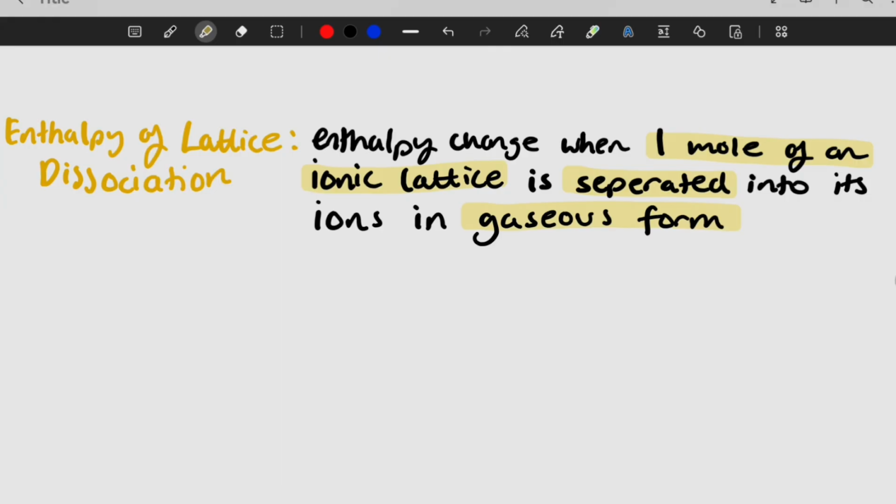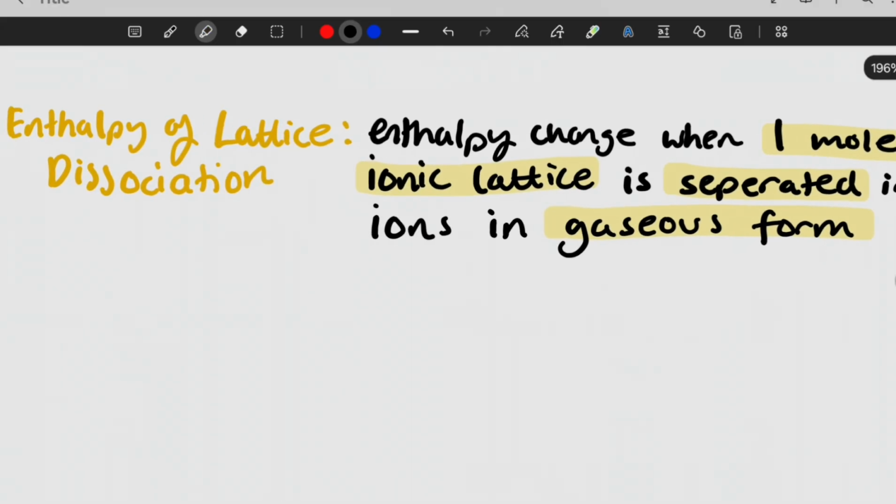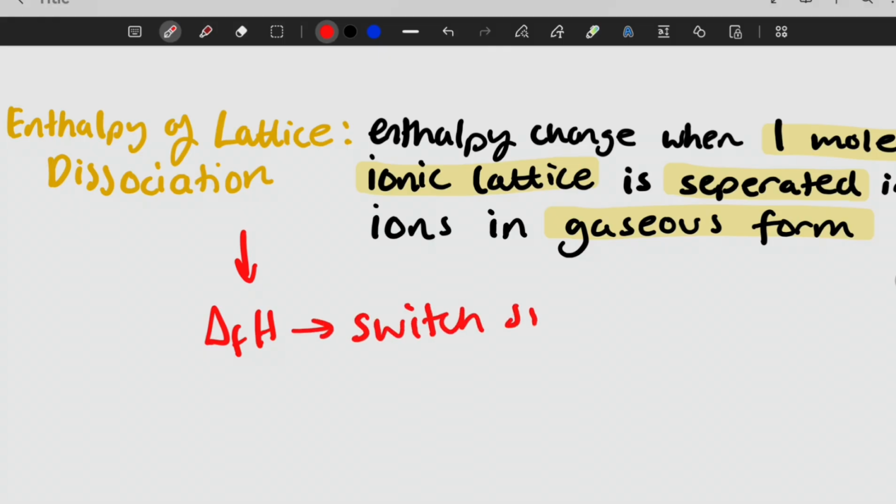And if the exam question asks you to calculate the enthalpy of lattice dissociation, what you need to do is, when you find the enthalpy of formation, you switch the sign of the enthalpy of formation.